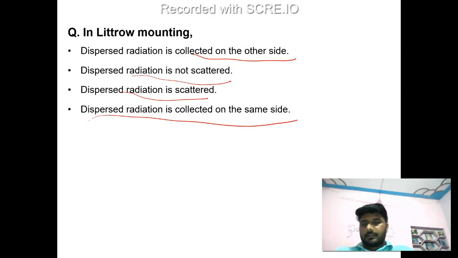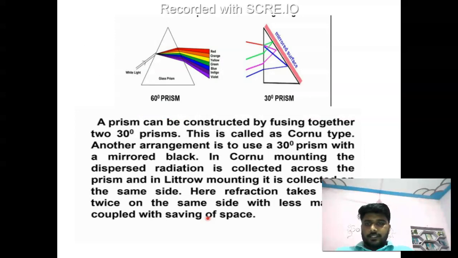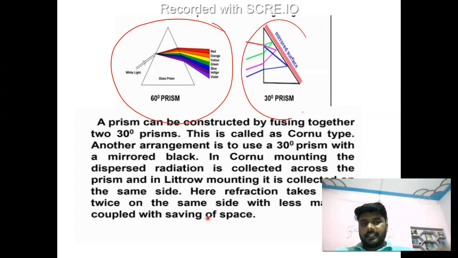Yes, right. So if you see here, it is a 60-degree prism, and one is 30 degree. You can see in Cornu mounting, the dispersed radiation is collected across the prism, right? And in Littrow mounting, it is collected on the same side. Let's see, if any radiation comes from here, it is refracted.